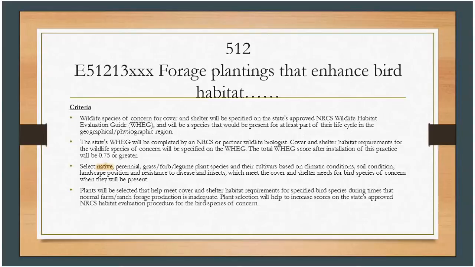It turns out that this set of enhancements also has the constraint of native plants again, just like the first set that we looked at. And plants will be selected that help meet cover and shelter for the bird species at times that normal forage production is inadequate.